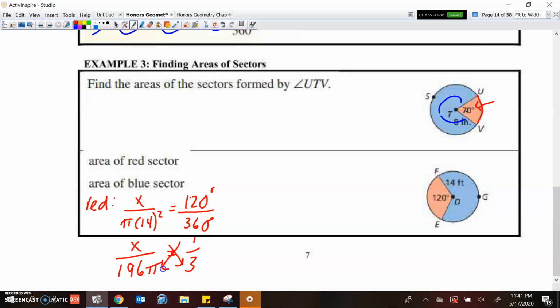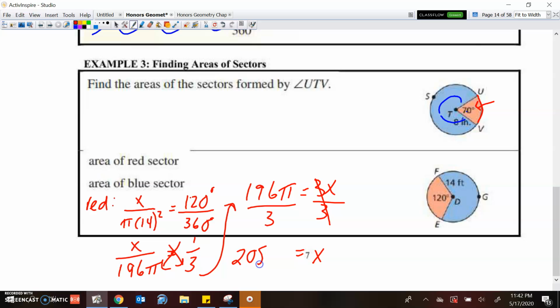All right, cross multiplying, I get 196 pi equals 3x, divide by 3, divide by 3, and so I find that x is equal to 196 pi divided by 3, 205.25. So the area of that red portion is 205.25 square feet.